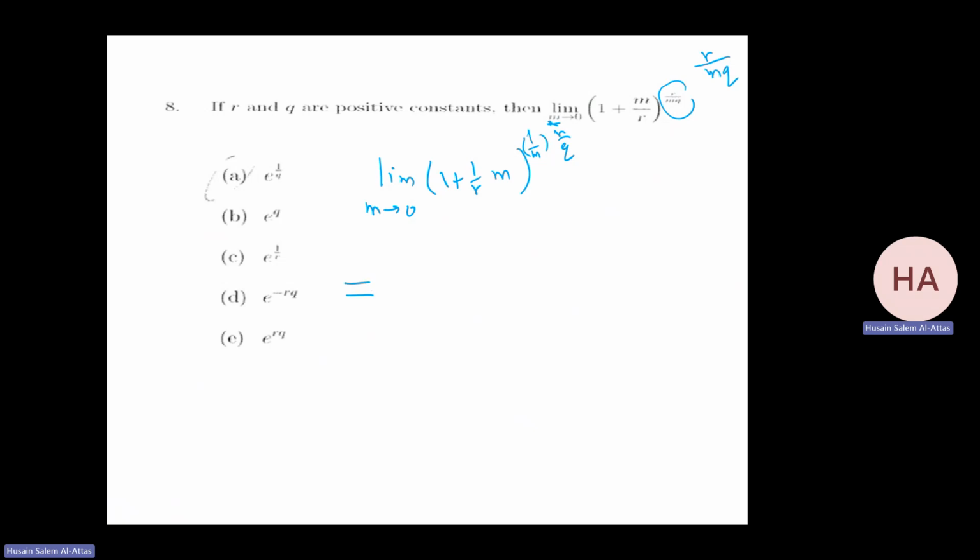Or I can rewrite it. If you look at the formula, don't forget the formula, the limit of 1 plus ax to the power b over x will be e to the power ab.